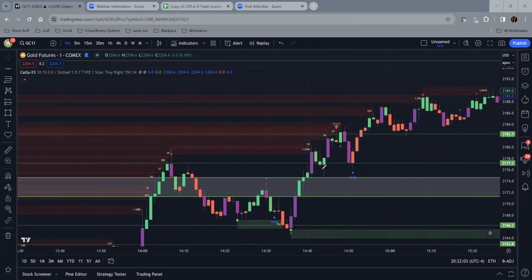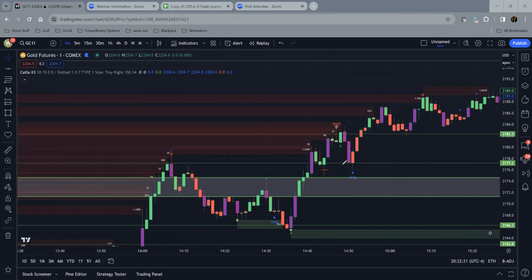All right, trader number one got in at 21.76. All right, so let's go to trader number three. Still got a 21.95 target. All right, trader number three.